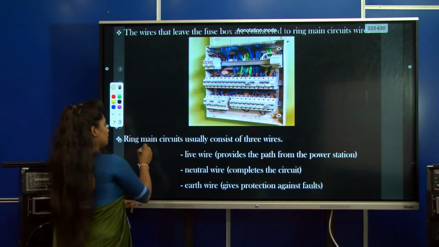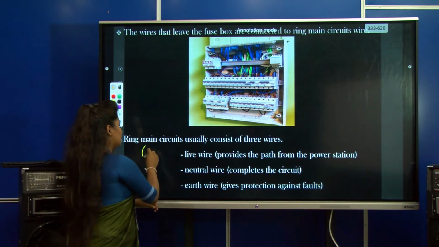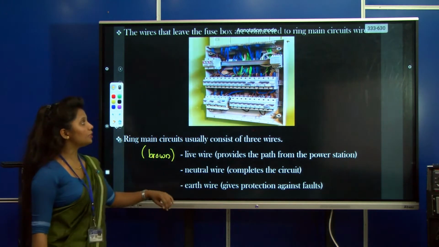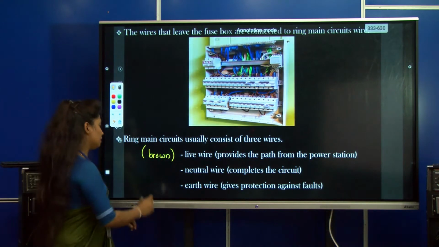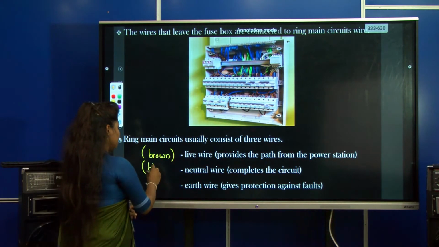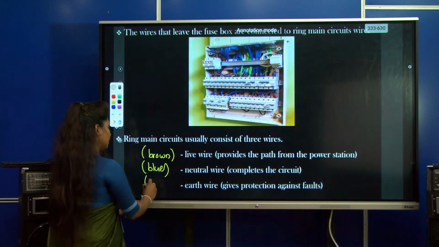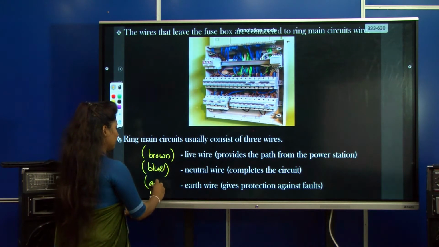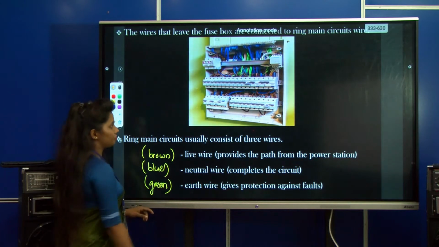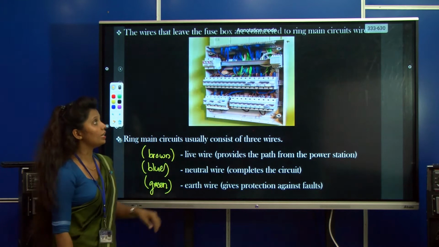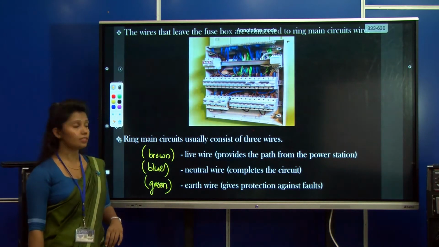The live wire is normally brown, the neutral wire is blue, and the earth wire is green. These are the main three colors you can see in ring main circuits.